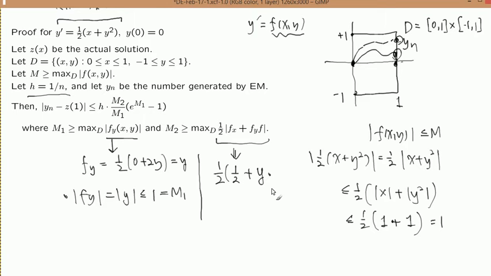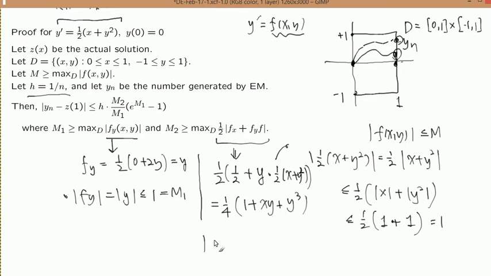Times this whole f of xy, which is 1/2 times (x plus y squared). The 1/2 is common, so you factor out 1/4: 1 plus, and if you multiply, you have xy, and with the square, just y to the third. And this one, m2, is the maximum value of how this is growing.